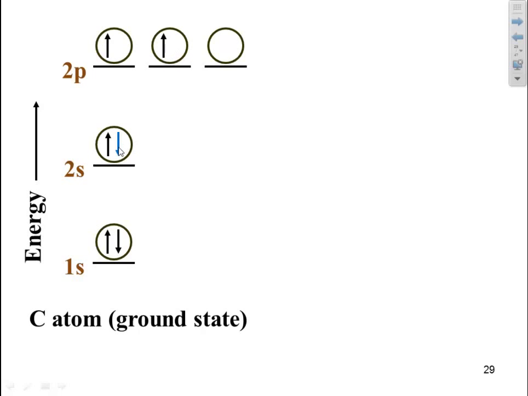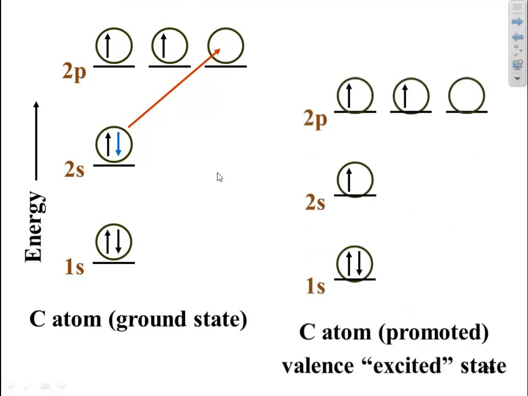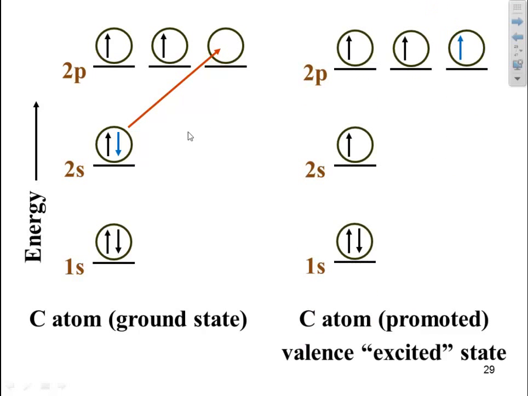This 1 in the 2s has to be promoted up to the 2p level, and then after it gets excited, we're going to have to undergo some hybridization of these 4 orbitals to form new orbitals that are better suited for overlap. So this is its valence excited state.